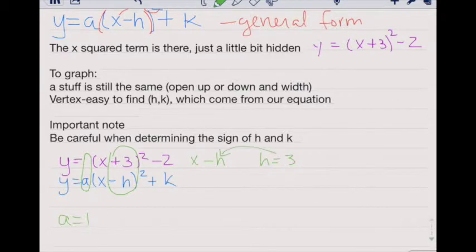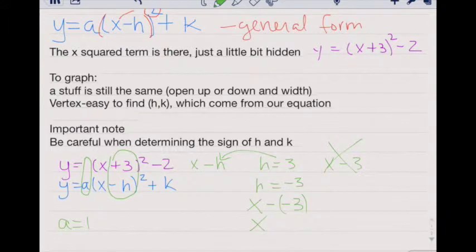I would have x minus 3, but that's not what we wrote. Instead, let's consider if h equals negative 3, I would have x minus a negative 3, which can be rewritten as x plus 3. So when the signs don't match, h is actually the opposite value.